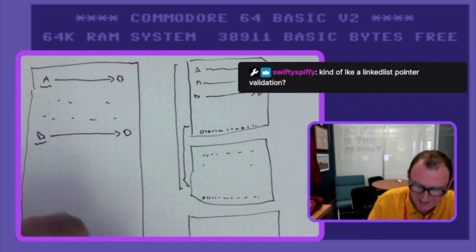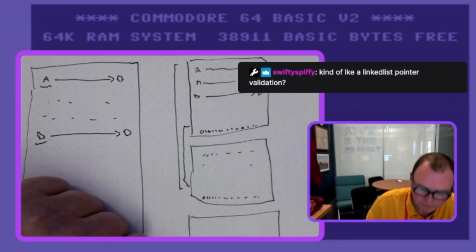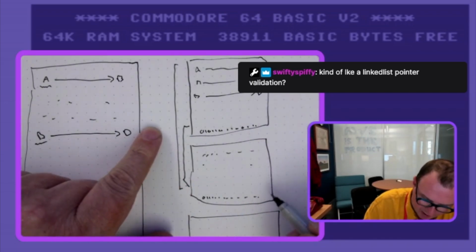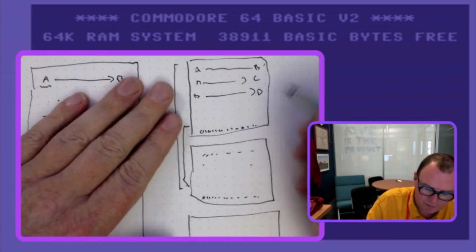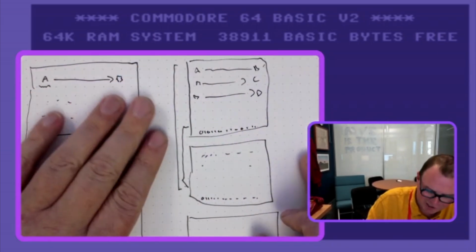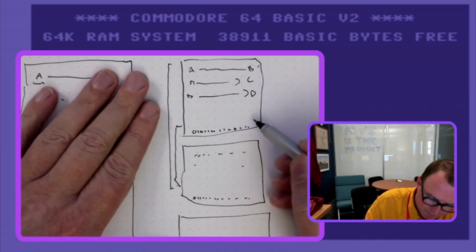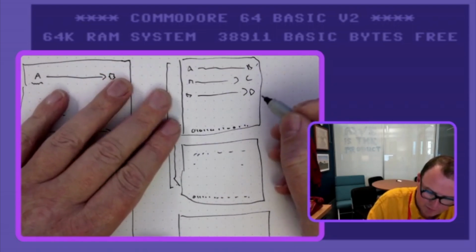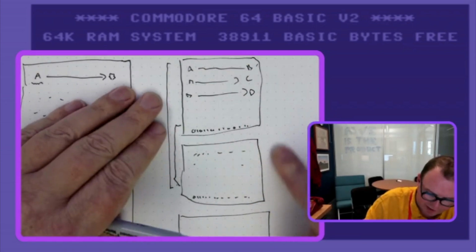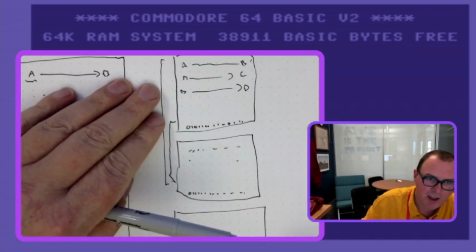I'll try explaining that again because I probably didn't do too good a job. It is like a linked list pointer. We're going to get to consensus in a minute, and how everybody agrees on this ledger and how that part of blockchain works. But for the moment, to validate the ledger, we don't want to have to validate the entire ledger every single time from the dawn of time.